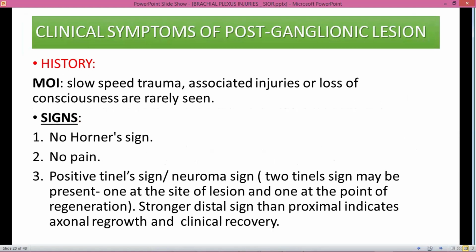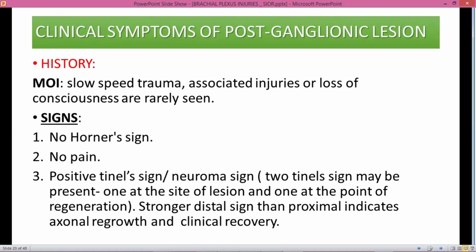Next are the clinical symptoms of a postganglionic lesion. Depending on the history, the mechanism of injury here will be slow-speed trauma, and associated injuries may or may not be present. In signs, you will not see any Horner's sign or any pain. The main sign will be a positive Tinel sign or the neuroma sign.